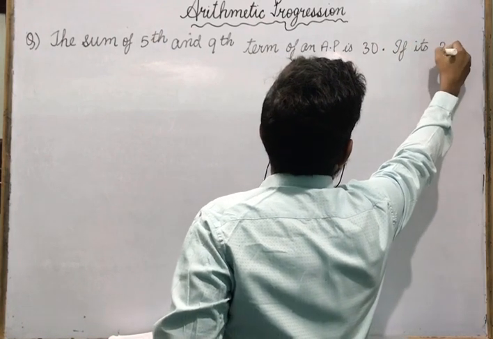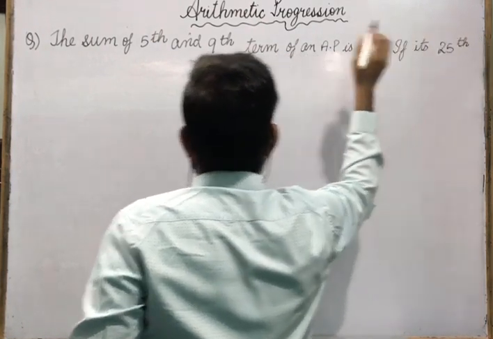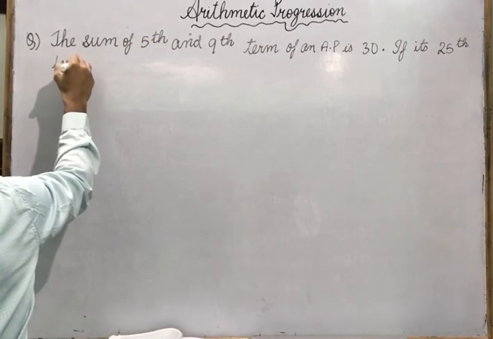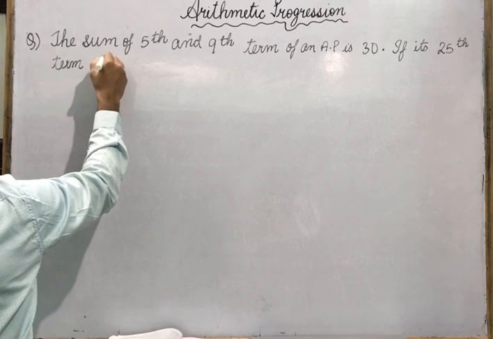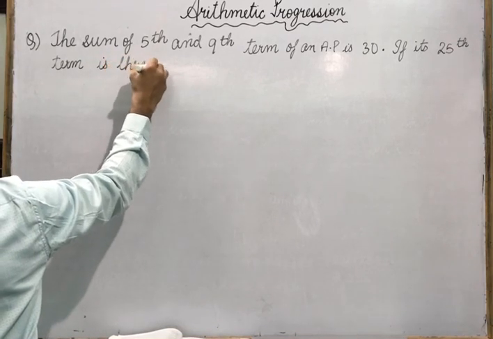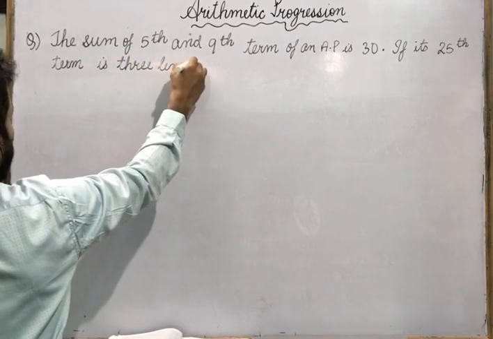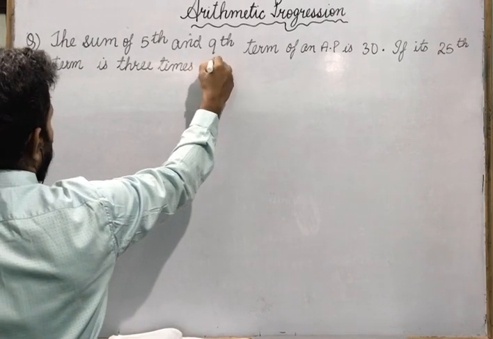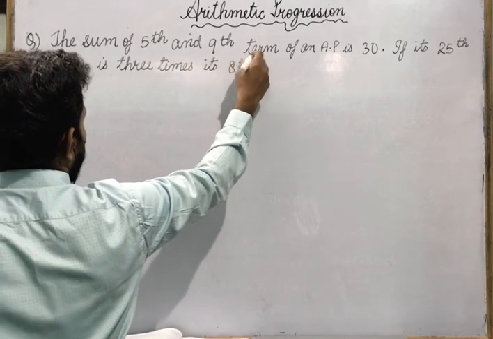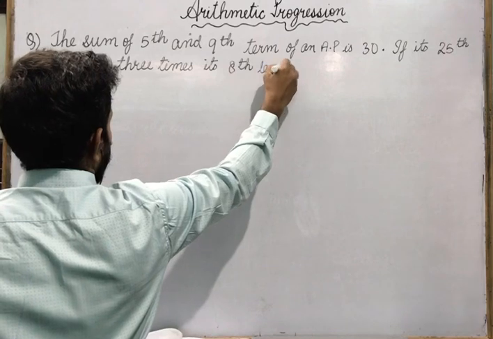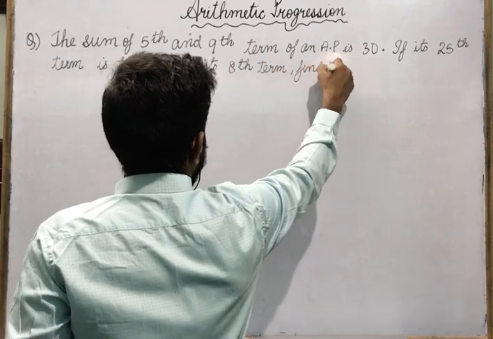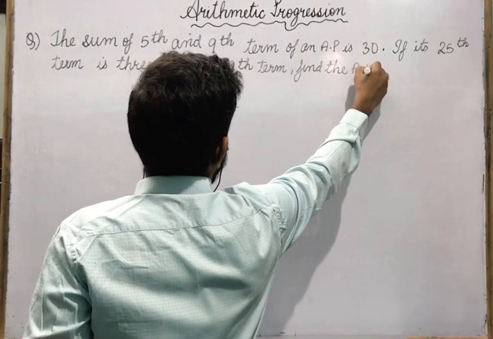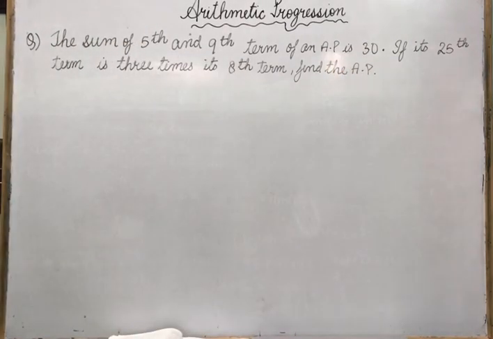If its 25th term is 3 times its 8th term, find the AP. Look, see, these are the questions that you get in your board examination of 3 marks.